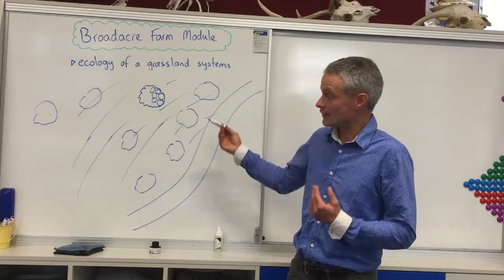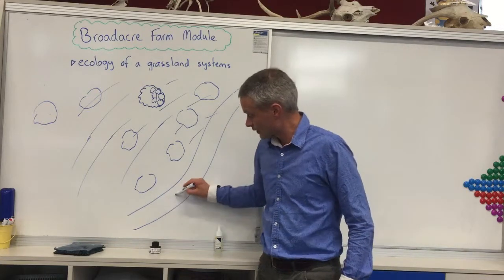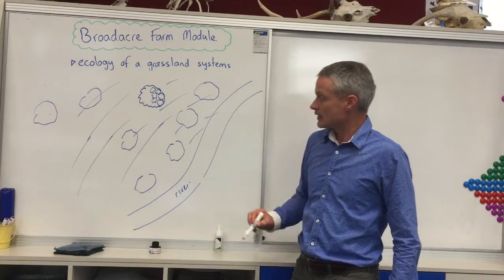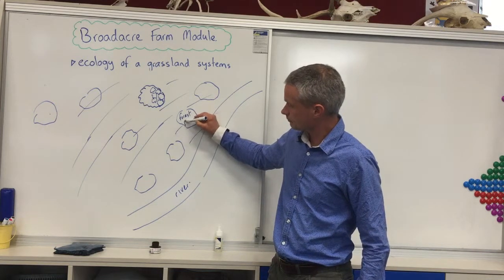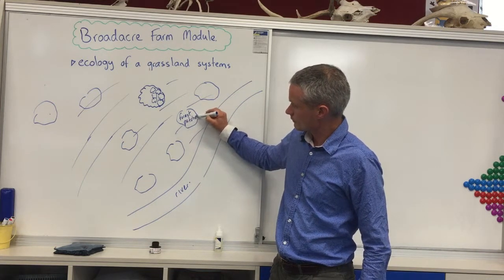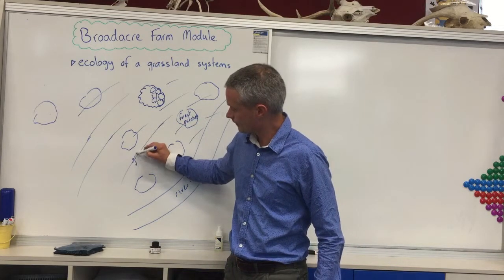So if this was an African savanna, for example, just label my river here. So these are little forest patches. And this is grassland.